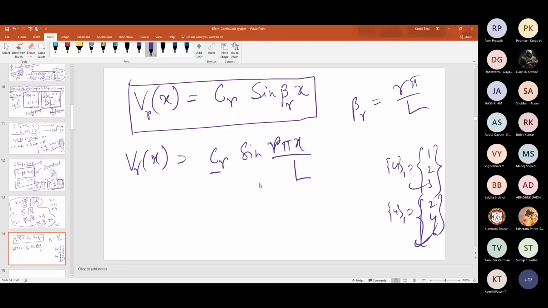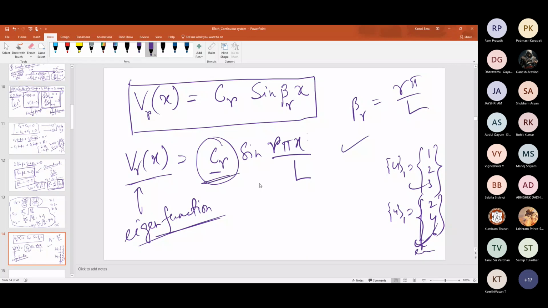So here also you can normalize it and find out this constant. Right. So here this is called the eigenfunction. Previously it was eigenvector, right? Because these are called eigenvectors for multi-degree of freedom systems. Here it's called the eigenfunction, because it is just a continuous function, right? Sine R pi x by L. Continuous function of x. rth mode.